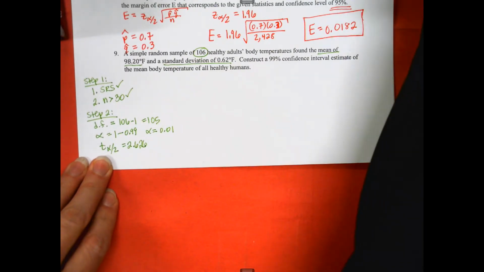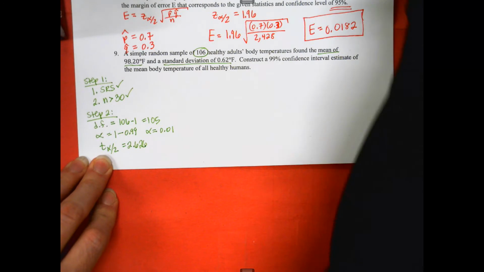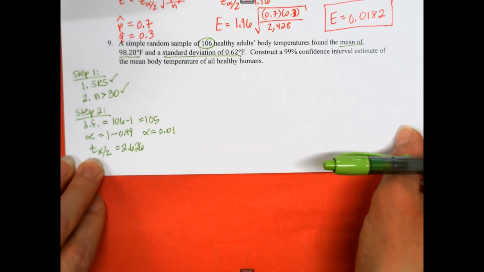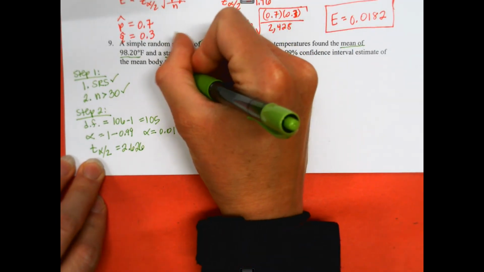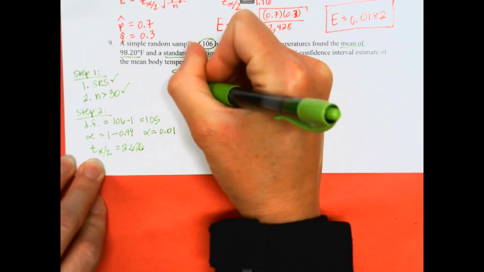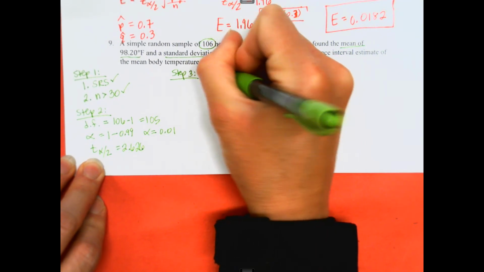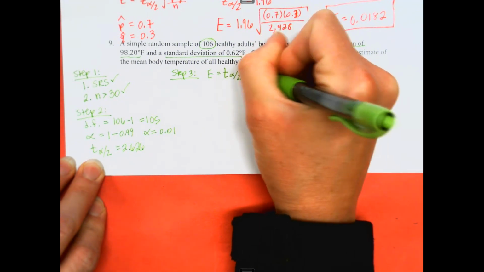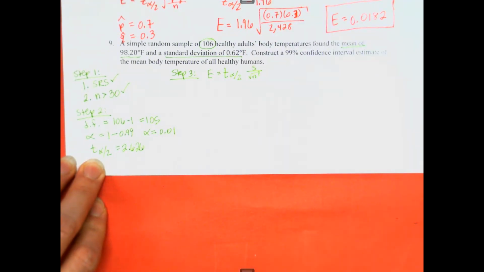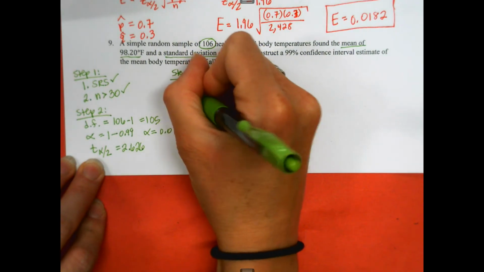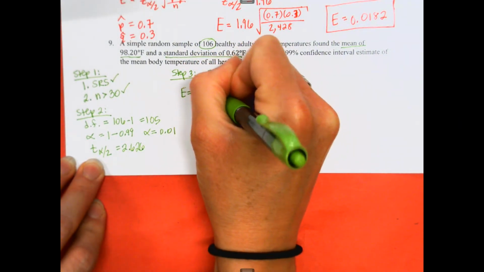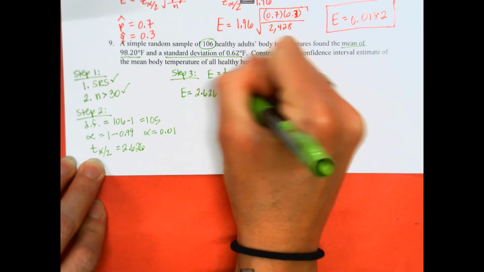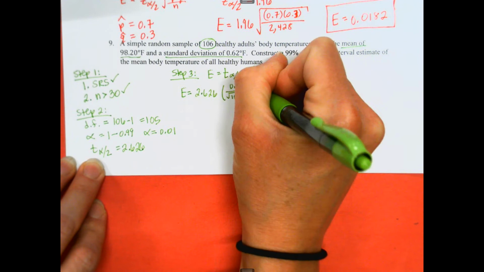Now that we have our critical value, we can go on and find our E, or our margin of error. Here, our margin of error is going to be the critical value times the standard deviation over the square root of n. 2.626 times 0.62 divided by the square root of 106.